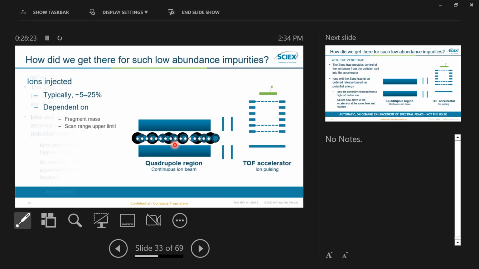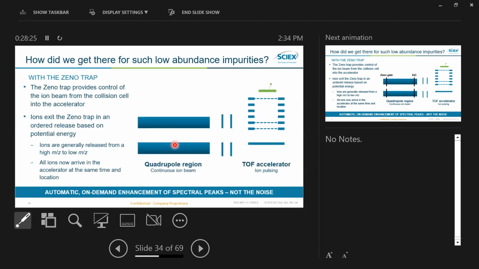So with this instrument, we have an ion trap that sits behind the CID collision cell. This ion trap collects ions and then releases them in a manner that's synchronous to the time of flight pusher, thereby avoiding the loss of these ions and maximizing MS sensitivity.